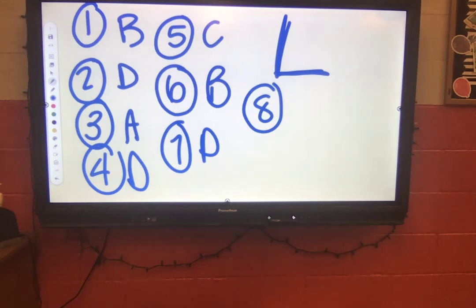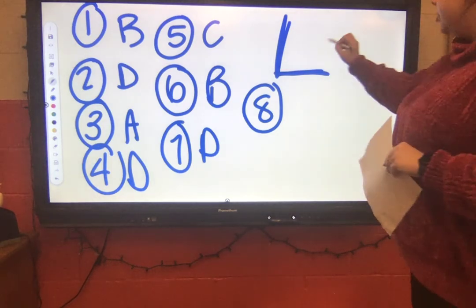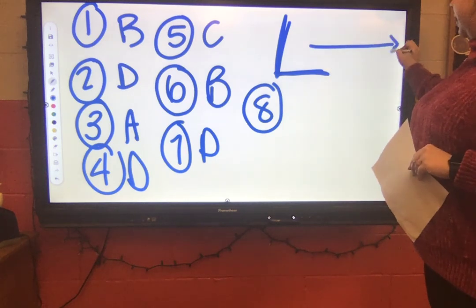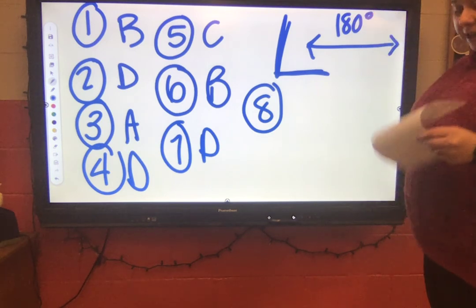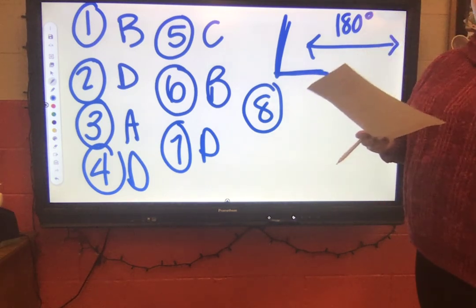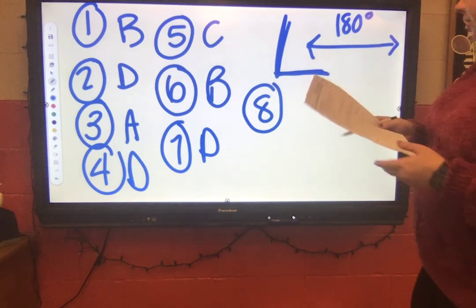So we can get rid of A and B. We're left with C or D. Which one is it going to be? So 175, a straight line or a straight angle has a measurement of 180 degrees. Is number 8 almost a straight angle? No. So it's going to be C.